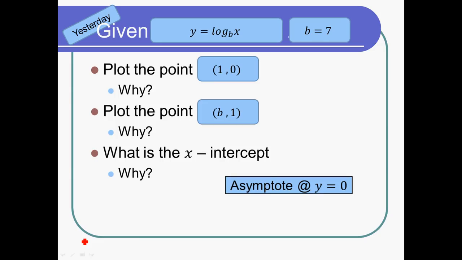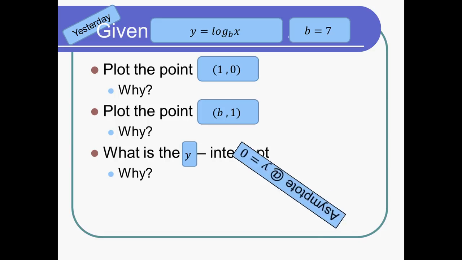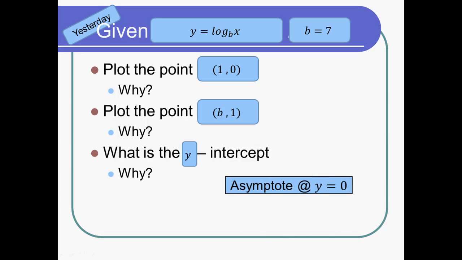You aren't going to have an asymptote at y equals 0. Where are you going to have an asymptote? Because if there is no x-intercept on exponents, there is no what? Y-intercept on the inverse. So you're not going to have an asymptote at x equals 0. You're not going to have a horizontal asymptote. You're going to have a vertical asymptote.